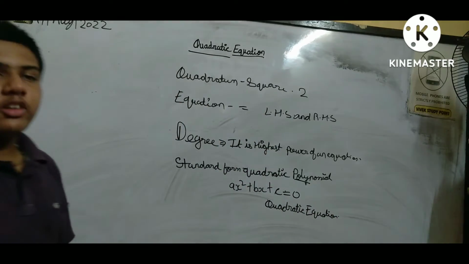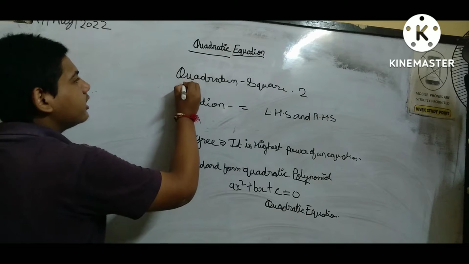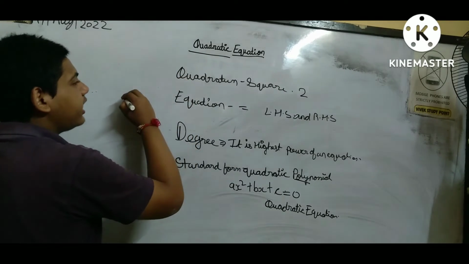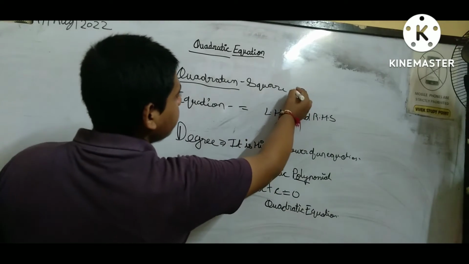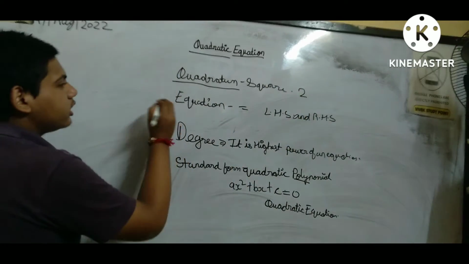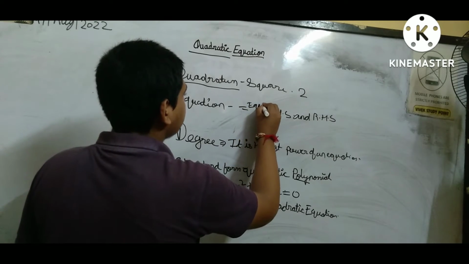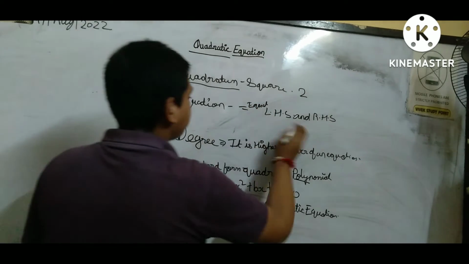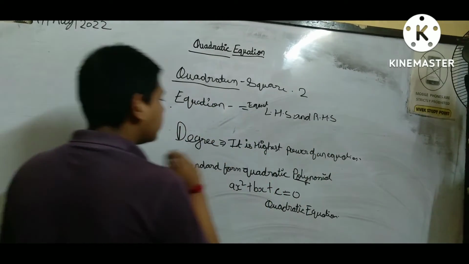Let's recap what we have discussed. Firstly, we have discussed the name of the chapter, that is quadratic. Quadratic is derived from the Greek word quadratum, which means square, means 2. And what is equation? Equation means equal, LHS and RHS. And what is degree? It is the highest power of an equation.